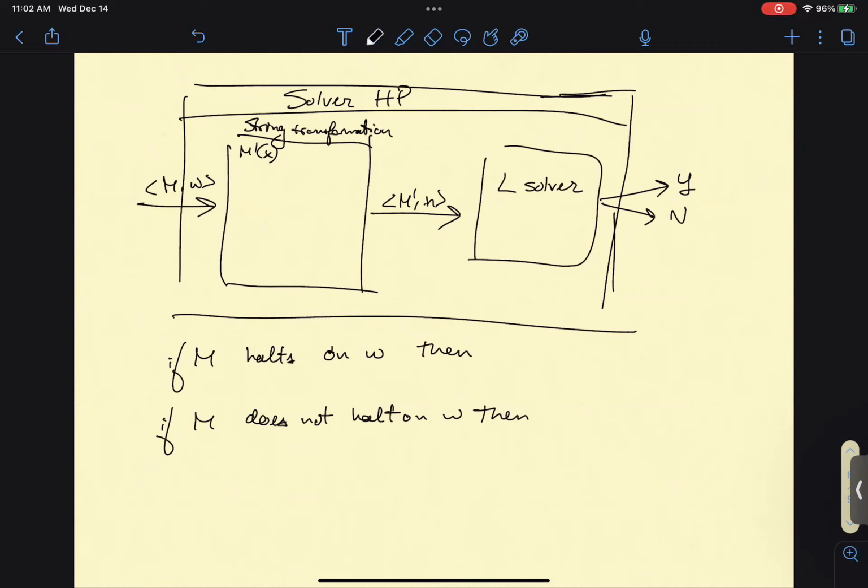Let's see, how can I give you a hint without giving you anything? Really what you need to do, in this case, is use W in a smart way.